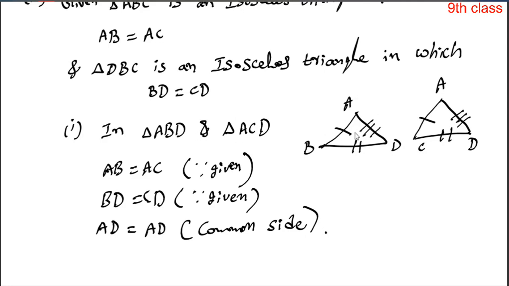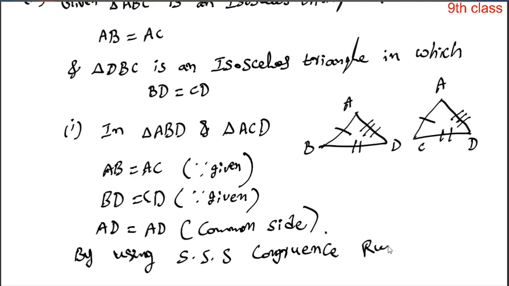So by using the side side side congruence rule, these two triangles are congruent. Triangle ABD is congruent to triangle ACD by the SSS congruence rule.